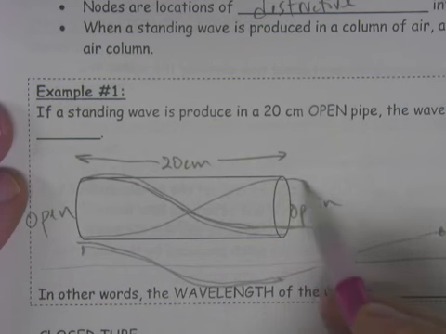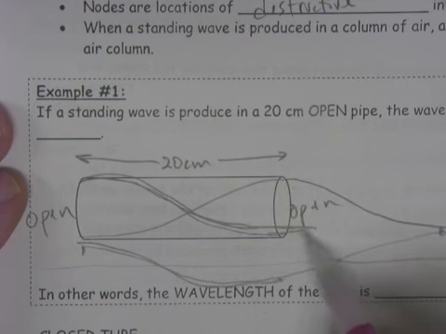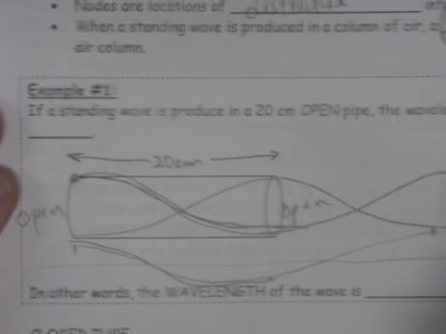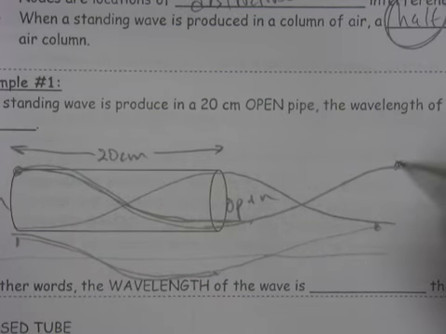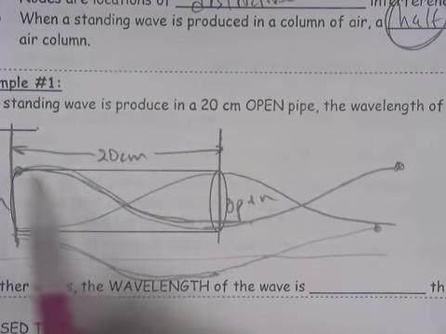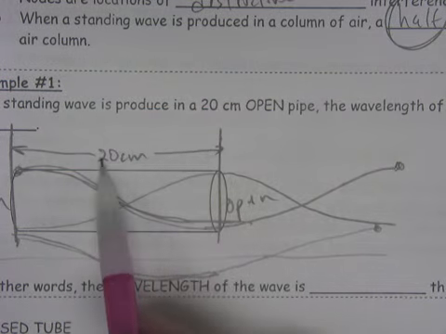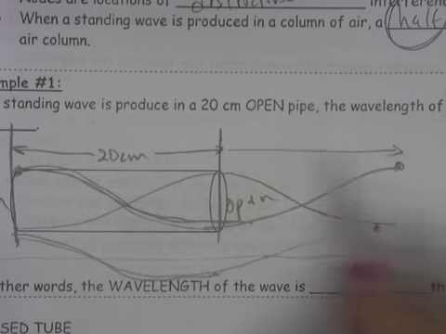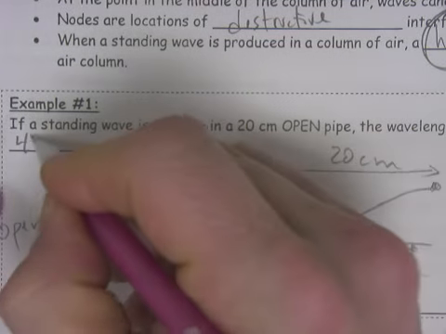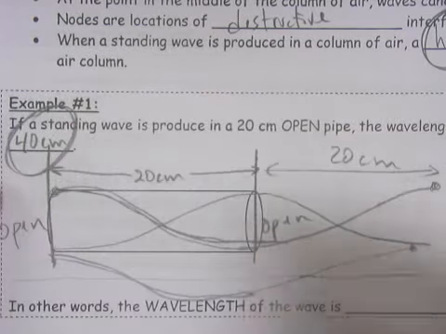So if I were to kind of finish this out, it would look like this, and from here all the way over to here would be a full wavelength. Well, if from here to here is 20 centimeters, then from here to here also has to be 20 centimeters. So the whole wavelength, the whole thing all the way across, is 40 centimeters right there.